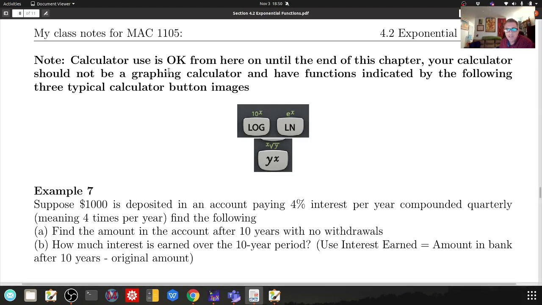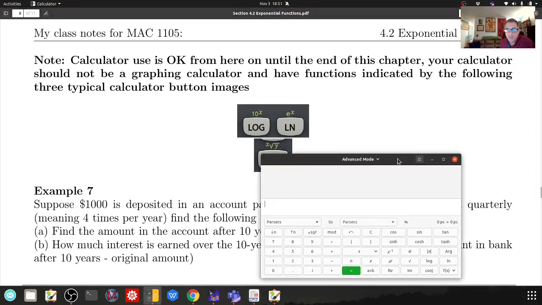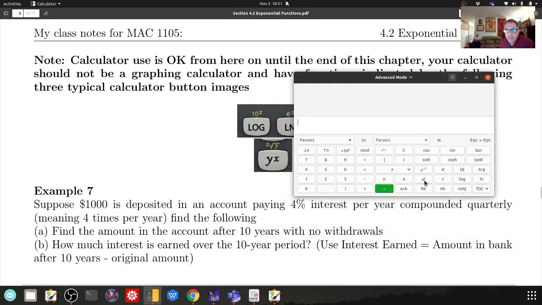It should have at least the following buttons: 10 raised to the x, and underneath it log of x, just log, e raised to the x, ln, y raised to the x, the x root of y. So those are the buttons in some combination. For example, my calculator right here has x raised to the y, and I don't even see an nth root of x.